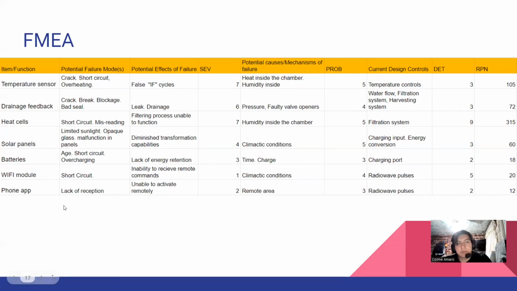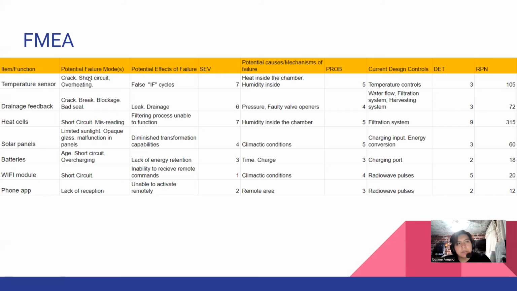Based on those functions, we decided on three sub functions related to them. And here are the potential failures of the sub functions that were in our functional tree.